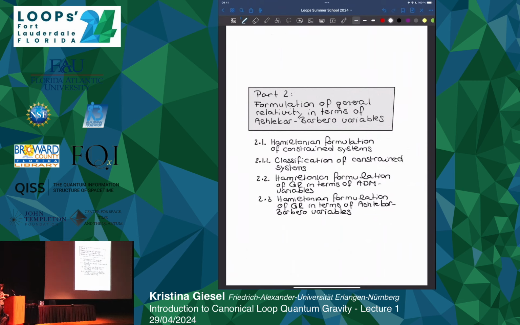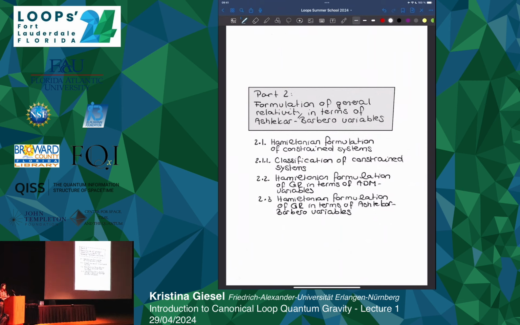Okay, now let me go to my second part, which covers the formulation of general relativity in terms of Ashtekar-Barbero variables. That's our final aim. And I structured it in 4 individual parts. First, we discuss a little bit how we formulate constraints, Hamiltonian formulations of systems which include constraints.